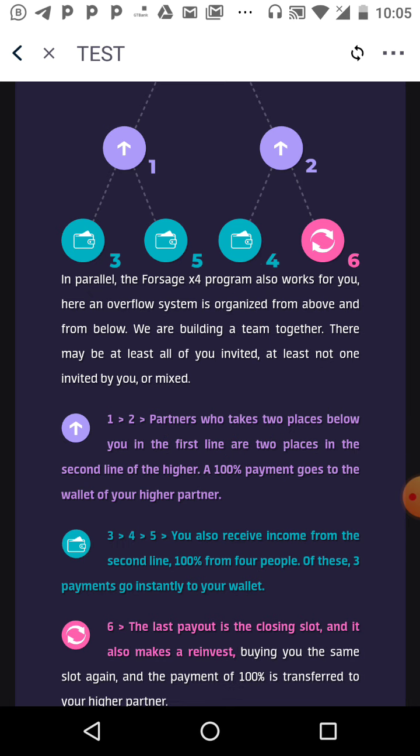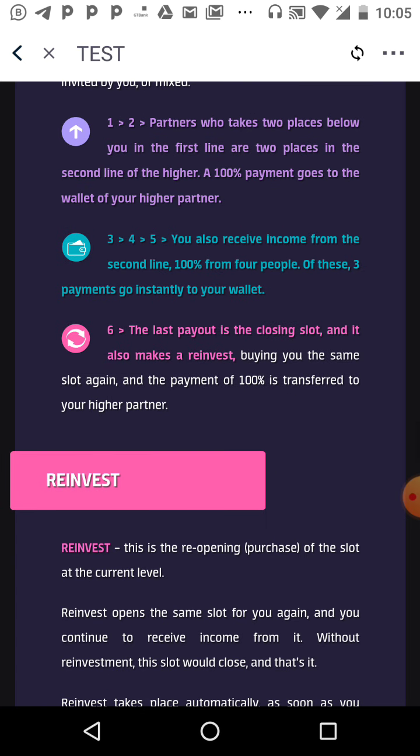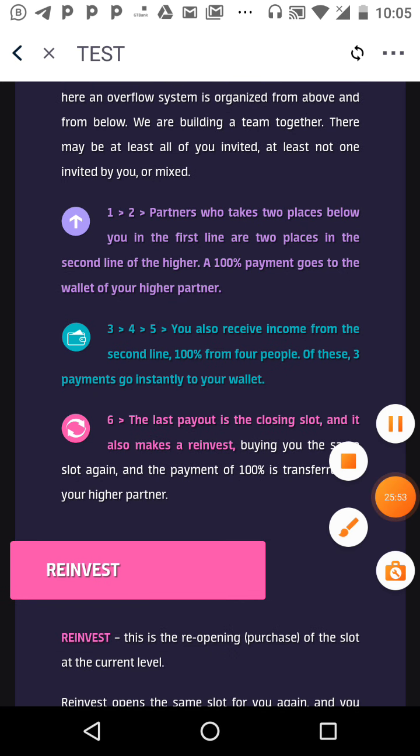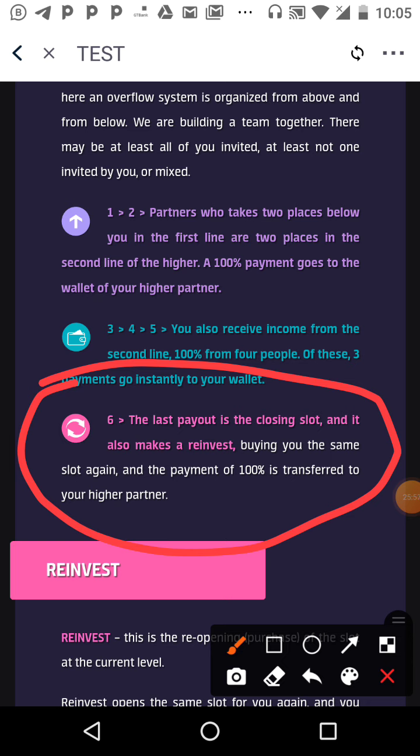While the third one reinvests you. We're going to read about the sixth one. It says here, as you can see, the last payment is in the closing slot, and it also makes a reinvestment.